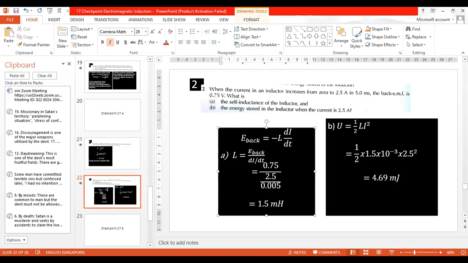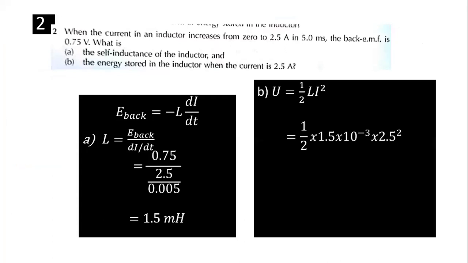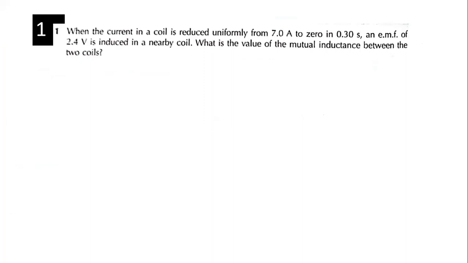Let's go to the last one. Mutual inductance. 17.5. When the current in the coil is reduced from 7 ampere to 0 in 0.3 seconds, an EMF of 2.4 volt is induced in the nearby coil. What is the value of the mutual inductance between the two coils?